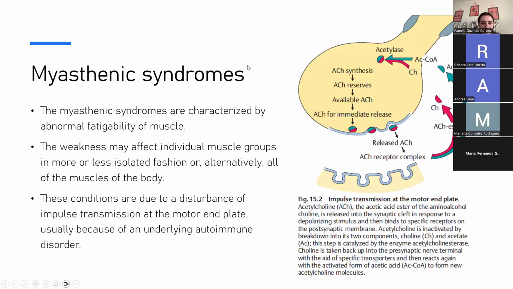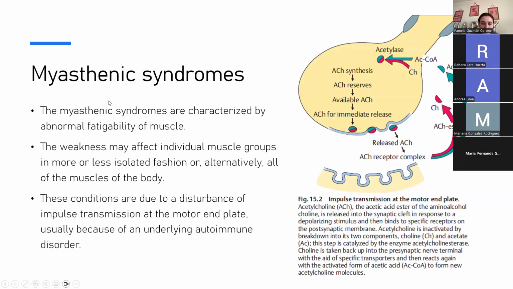So basically, the myasthenic syndromes are characterized by abnormal fatigability of the muscle. Weakness can affect some muscles or the whole body at once. There is a problem in how the nerve action potential is affected while releasing or attaching the neurotransmitter, and that's what we're going to check.